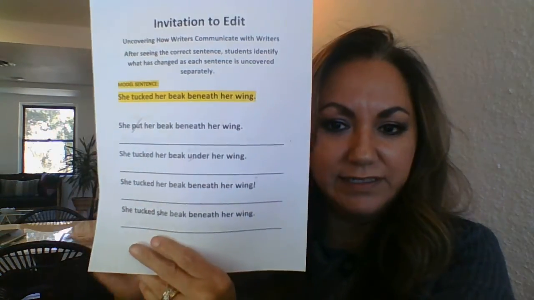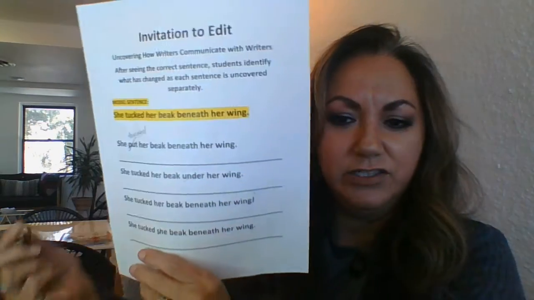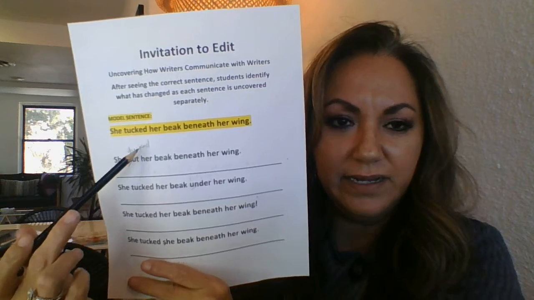They're both past tense, so that doesn't change. But what does change is a little bit, not so much the meaning, but the feeling of the word. I'm going to cross out the word put, because that's the word that's different from this sentence to that sentence, and I'm going to write the word tucked. So there is my edit. It shouldn't be put, it should be tucked.